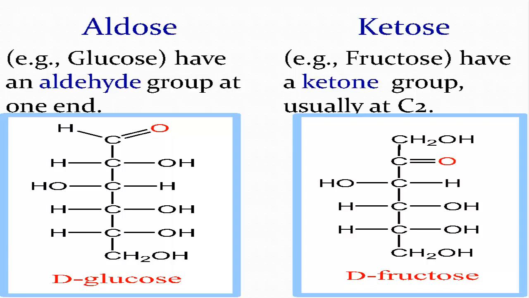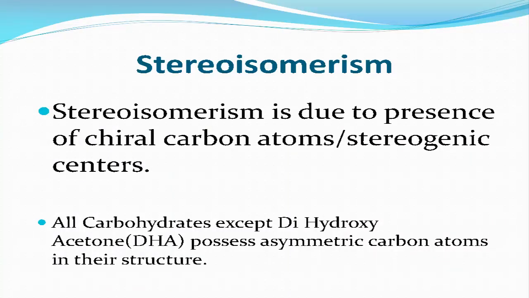Before going into more detail of their structure, let us now discuss another important thing, that is stereoisomerism. The carbohydrates show a very important isomerism property that is known as stereoisomerism. So what is stereoisomerism? Stereoisomerism is isomerism that is due to the presence of asymmetric carbon or chiral carbon.